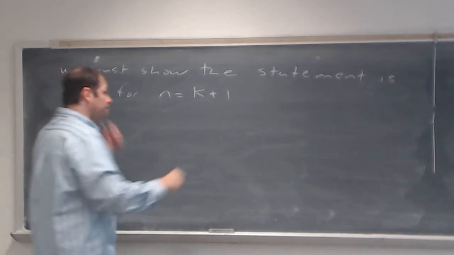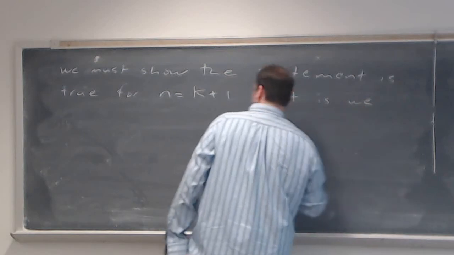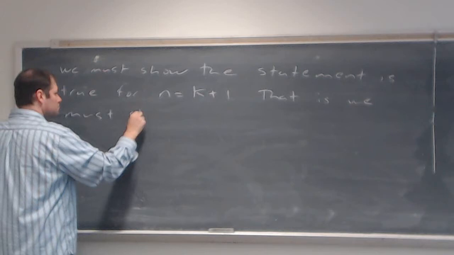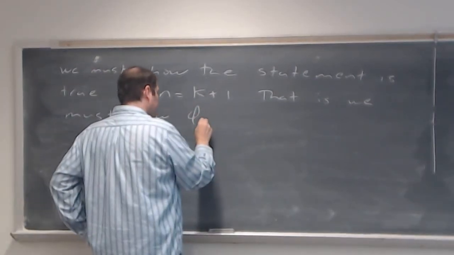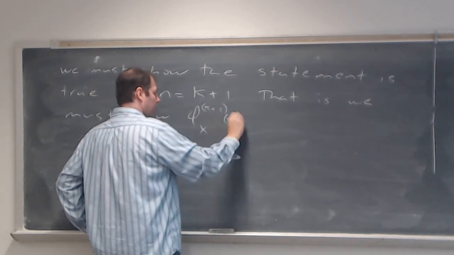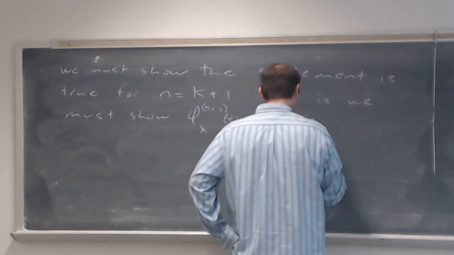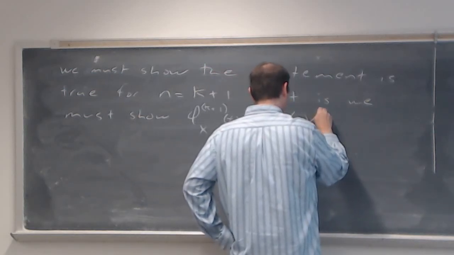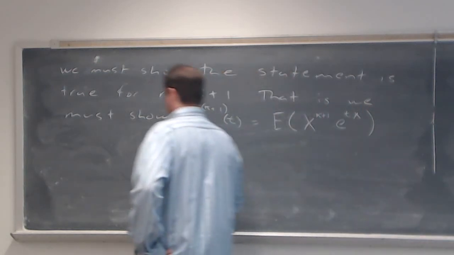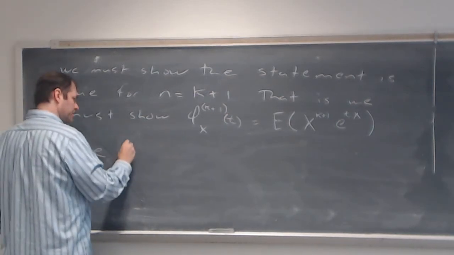That is, we must show that the k plus 1 derivative of phi sub x of t is equal to the expected value of x to the k plus 1 e to the tx. Well, note, what is the k plus 1 derivative of the moment generating function?